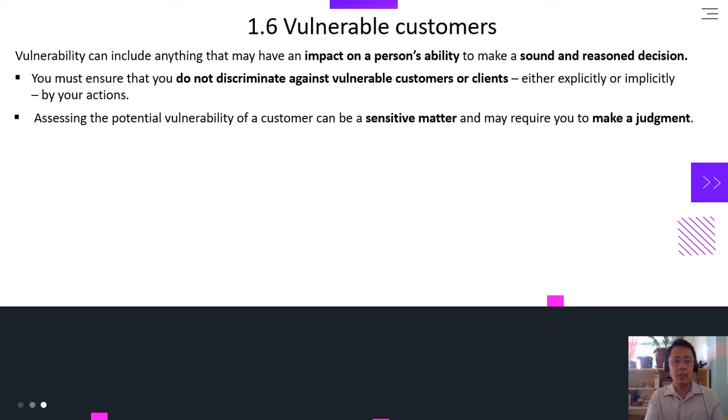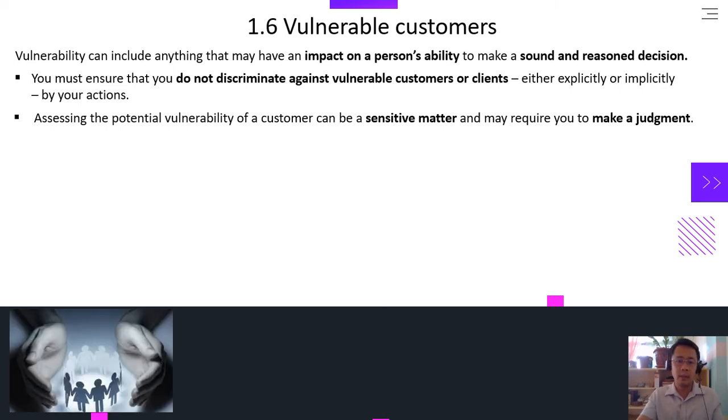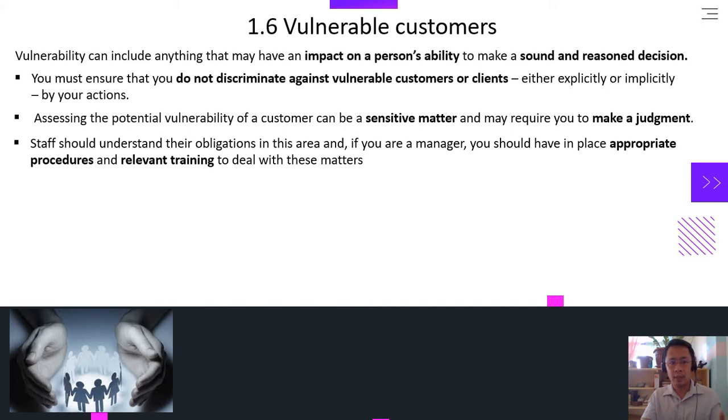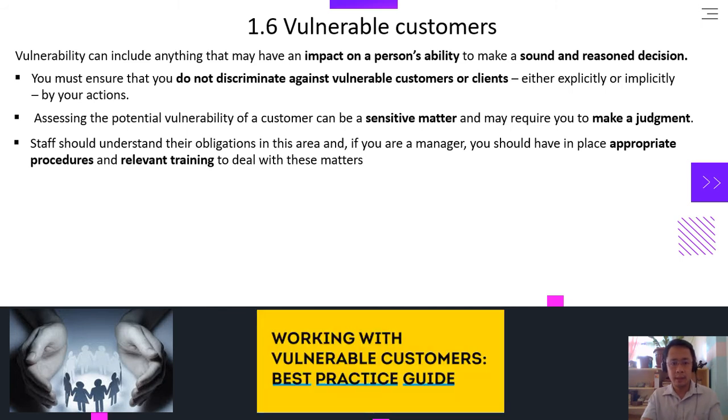Assessing the potential vulnerability of a customer can be a very sensitive matter and may require you to make a judgment. Staff should understand their obligation in this area. If you are a real estate manager, you should have in place appropriate procedures and relevant training to deal with this matter.